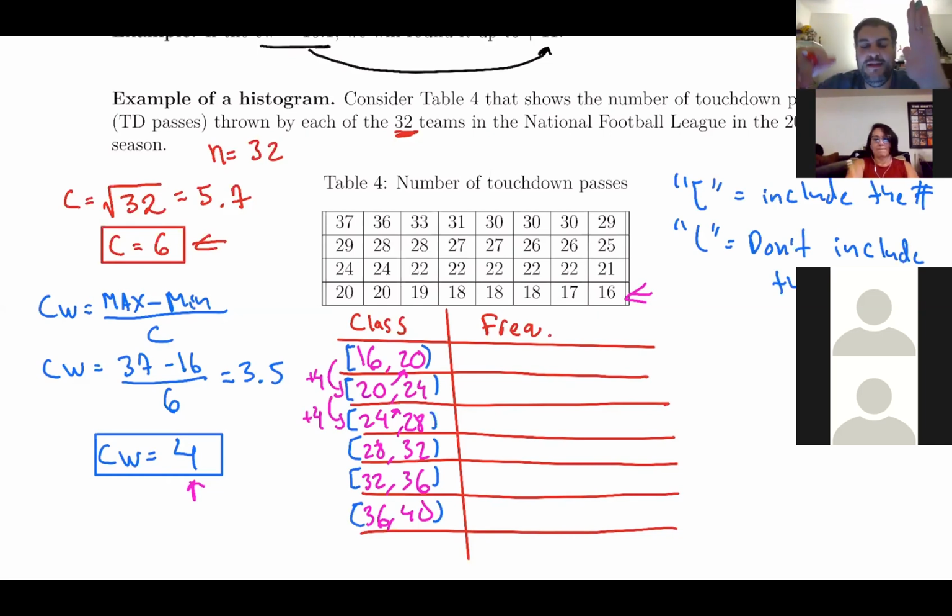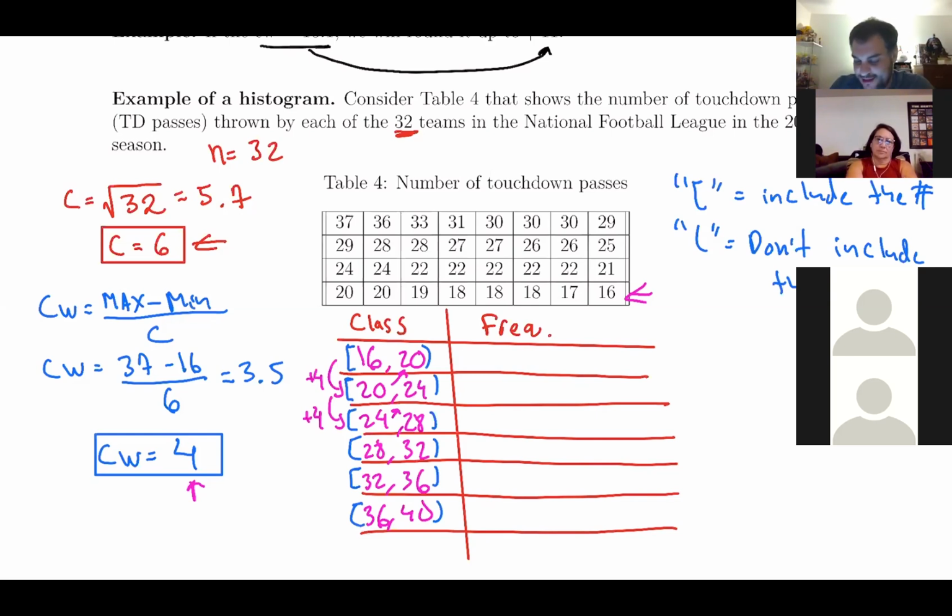And it's always going to be the left side, or the lower number, that is a bracket. The right-hand number is going to be a parenthesis. All right, so remember the bracket tells me I include the number. Parenthesis means we don't include the number.